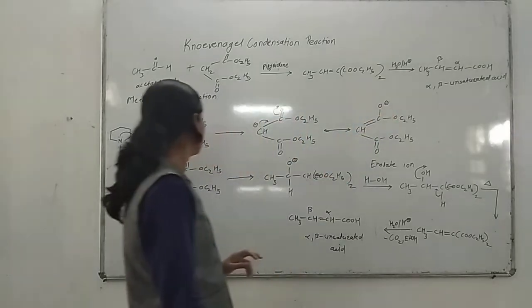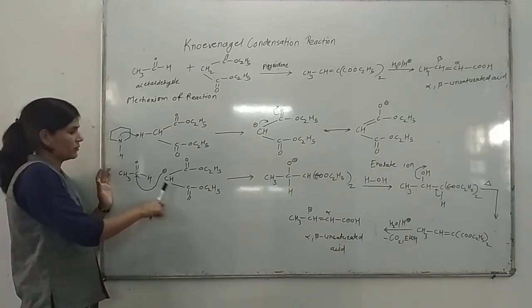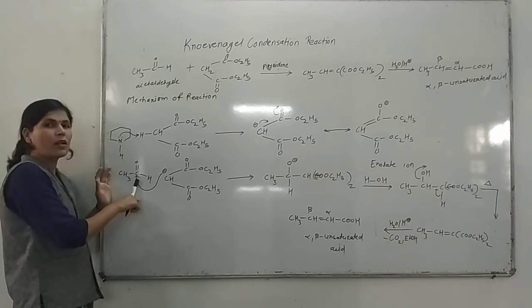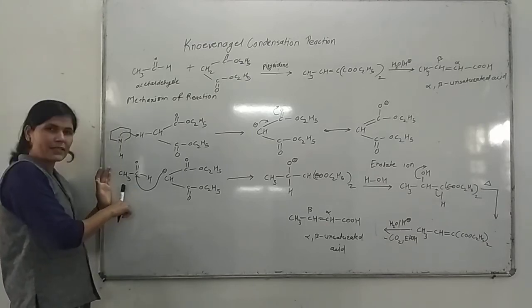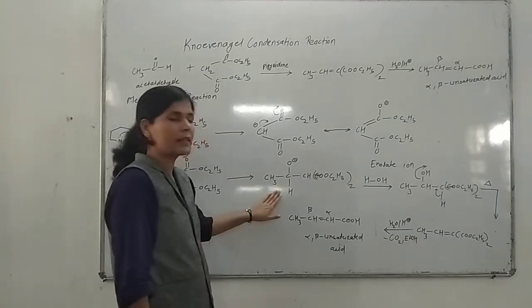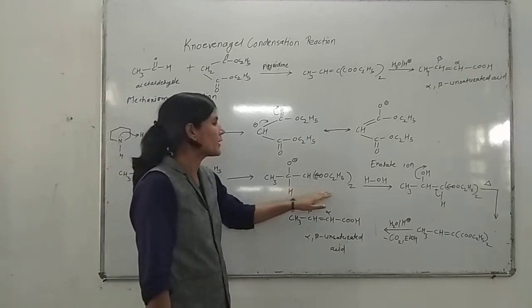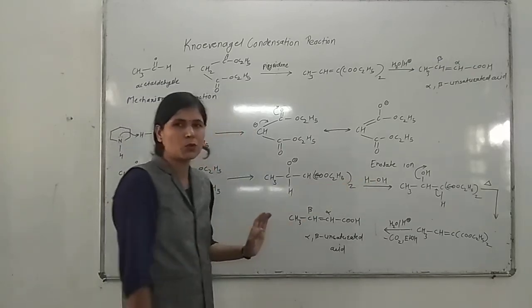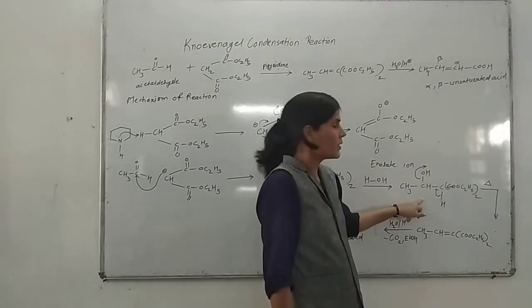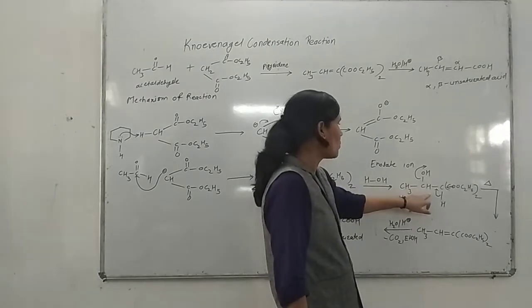In the next step, the carbanion attacks the electron deficient carbon of acetaldehyde. This results in the formation of a tetrahedral intermediate. The tetrahedral intermediate then extracts a proton from a water molecule, and forms this type of compound. This compound on further heating loses a water molecule.